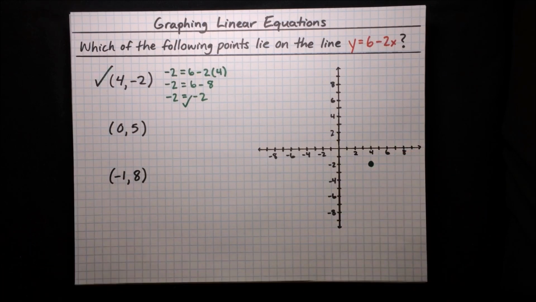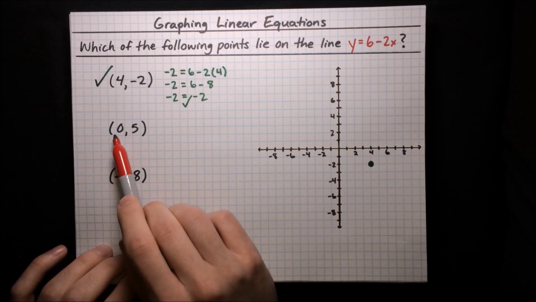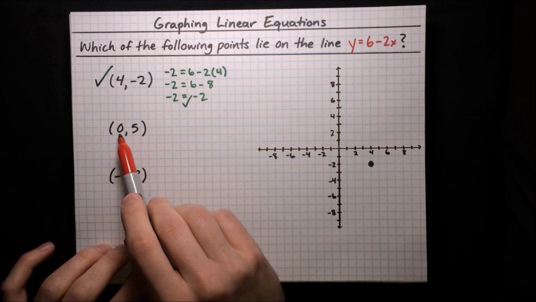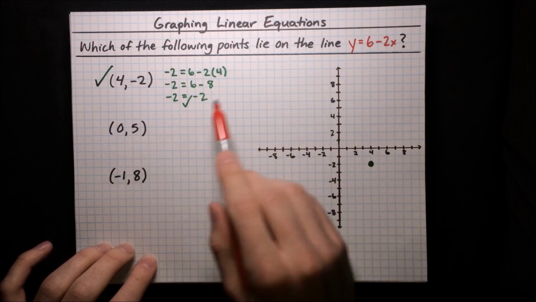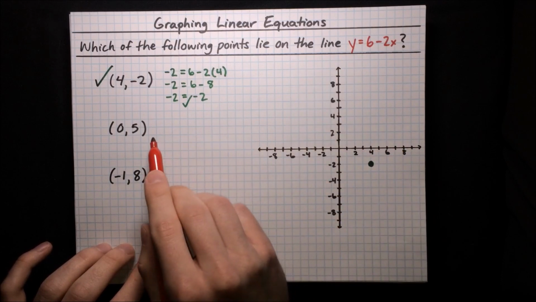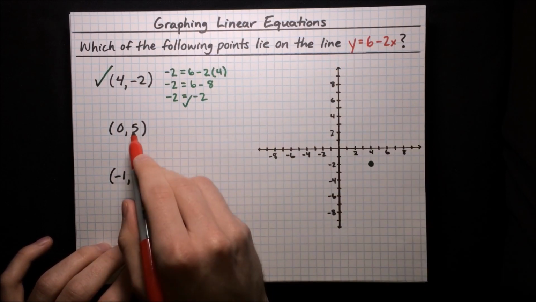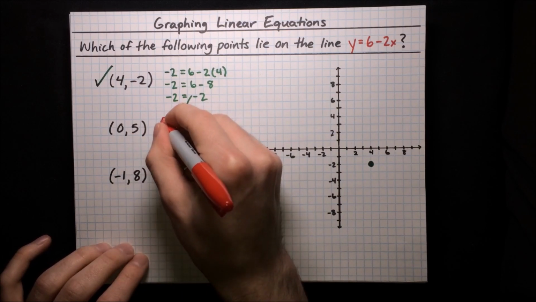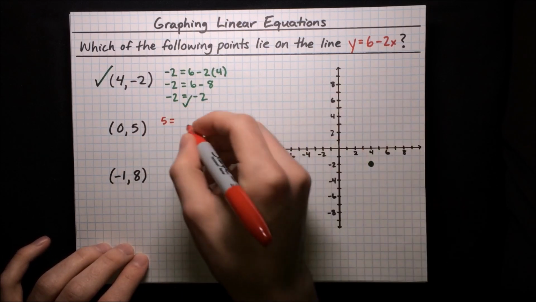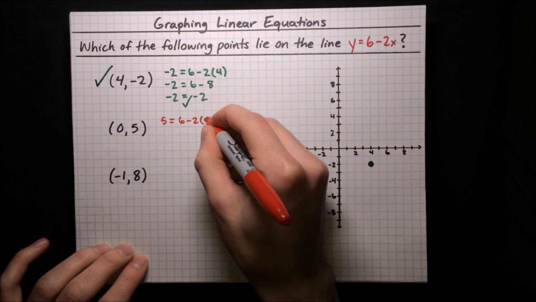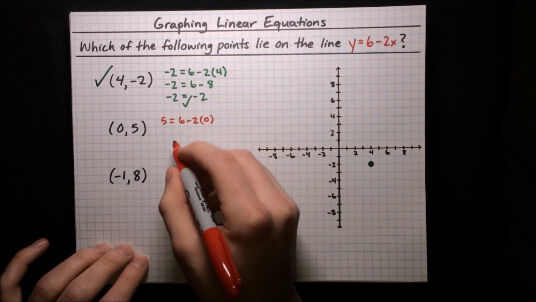Great. Now let's test our next point, 0, 5, and we're going to do this in the same way. We'll just go ahead and substitute our x coordinate in and our y coordinate in and see if our statement evaluates to true or false. So y equals, well, that's 5 equals 6 minus 2x, so 6 minus 2 times 0. So is this equation true? Well, let's see.